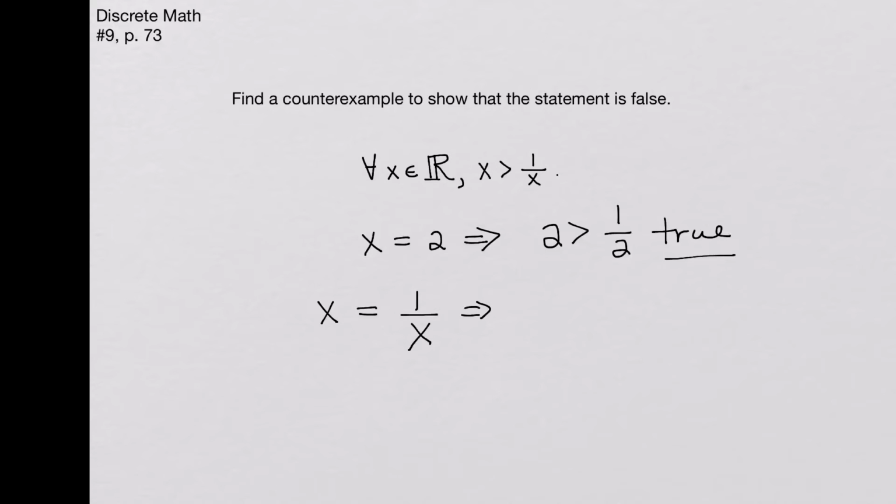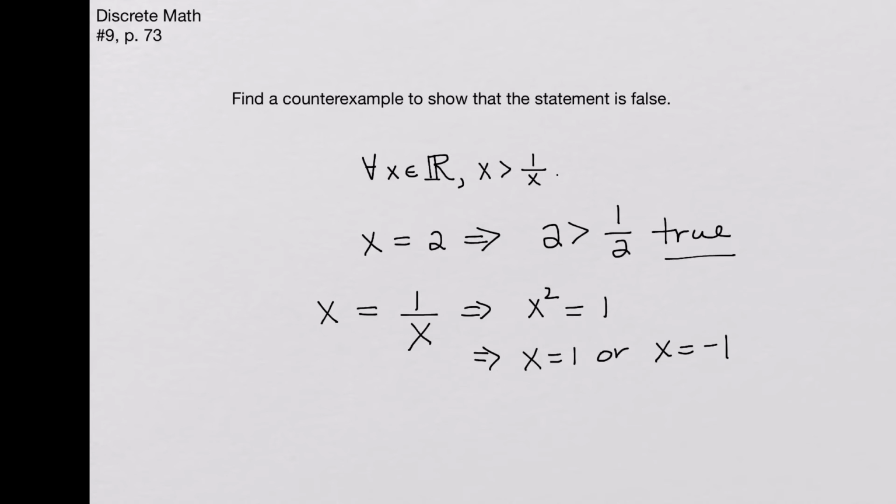This gives me x squared equals 1, and this will be true for x equals 1 or x equals negative 1. So either of those would be a good counterexample, because in both cases x and 1 over x would be equal to each other, so that would make the statement false.